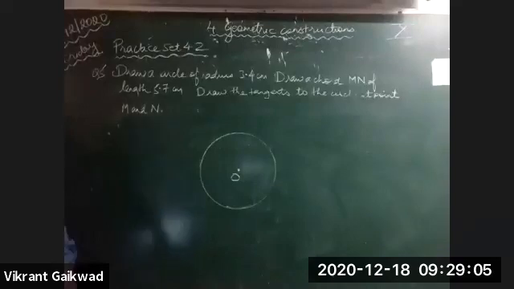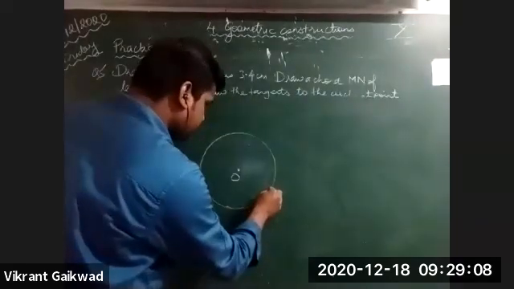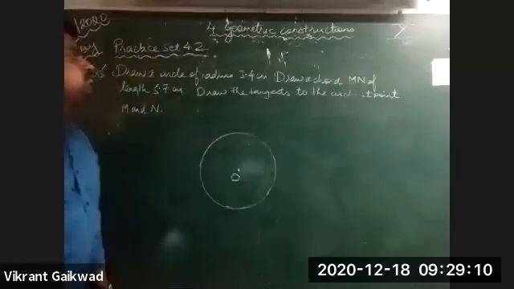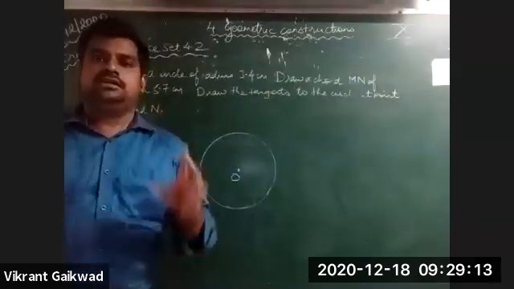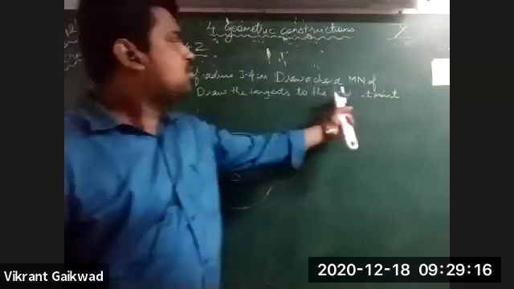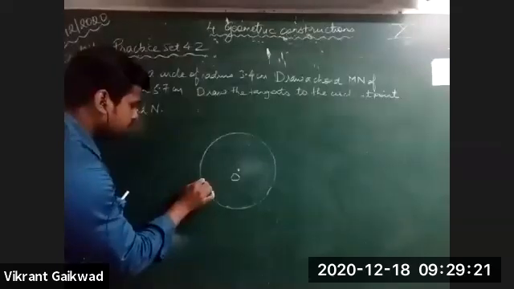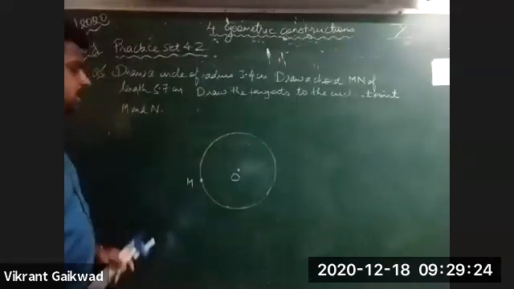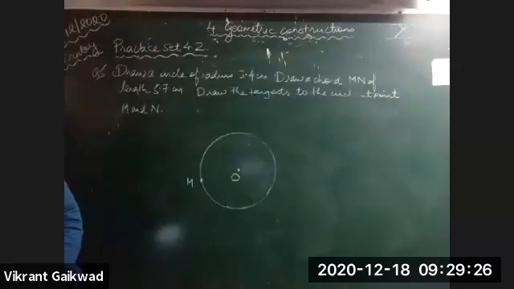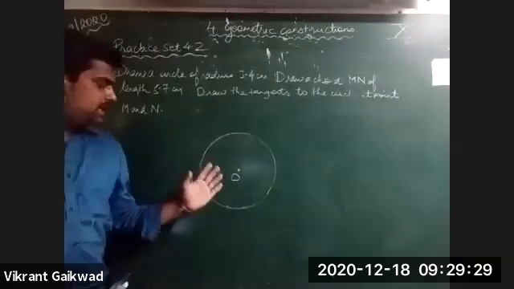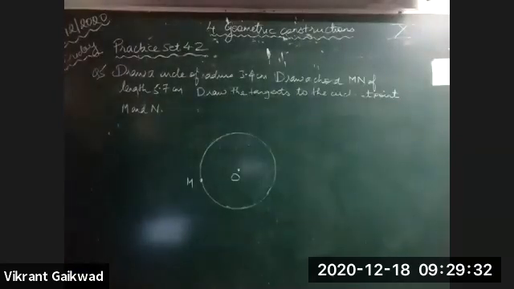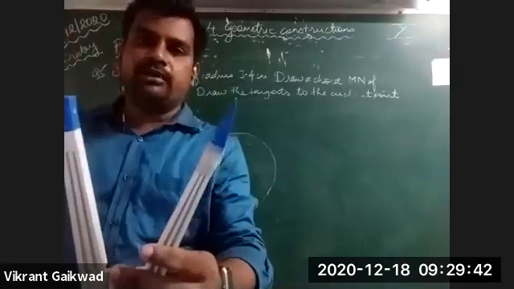Draw a circle of radius 3.4 centimeters. After that, draw a chord MN of length 5.7. Mark any point M on it. Then I'm going to take a distance of 5.7 on my rounder.